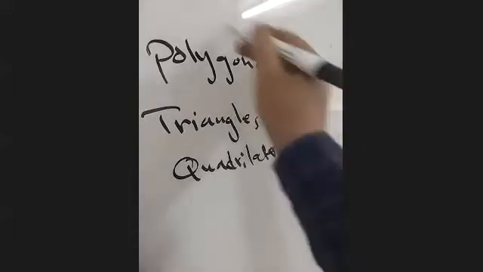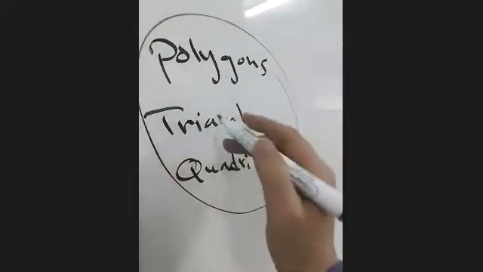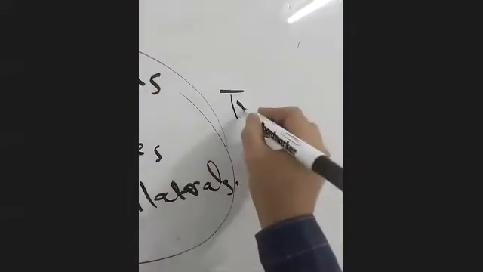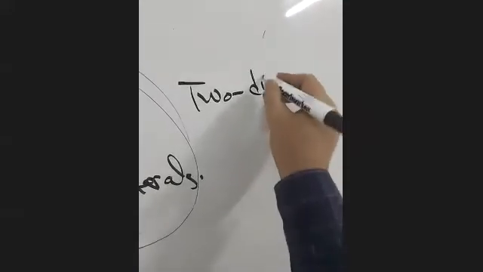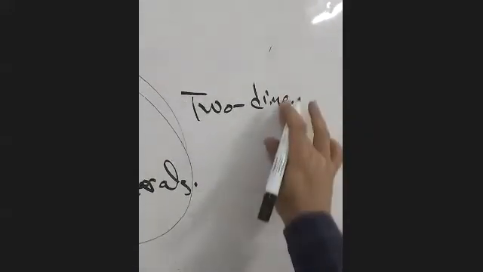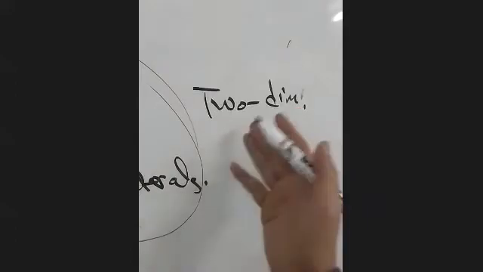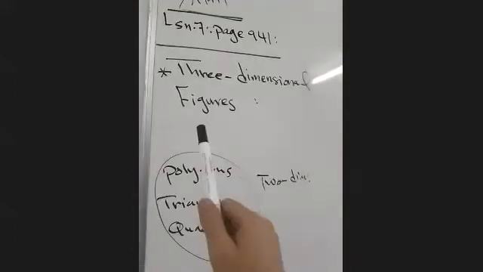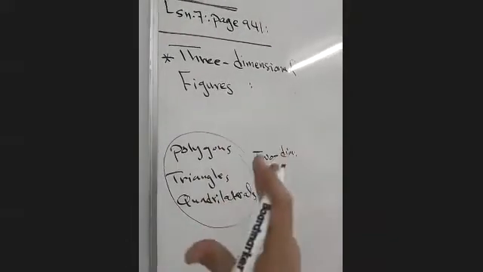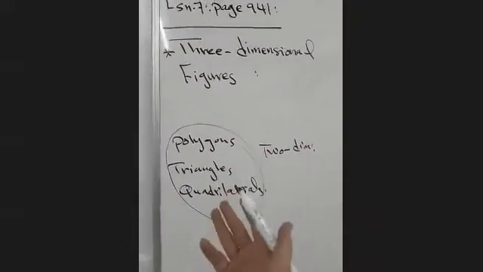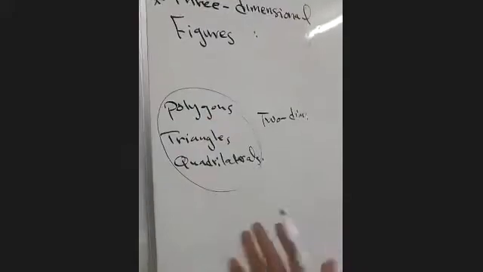All of these figures, guys, we call them two-dimensional figures. But here we have a three-dimensional figure. What's the difference between a two-dimensional figure and a three-dimensional figure?